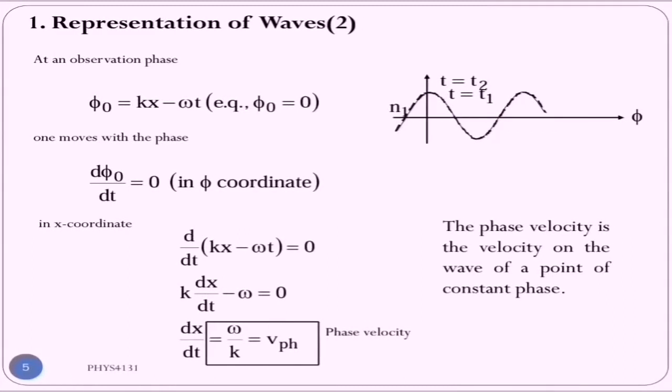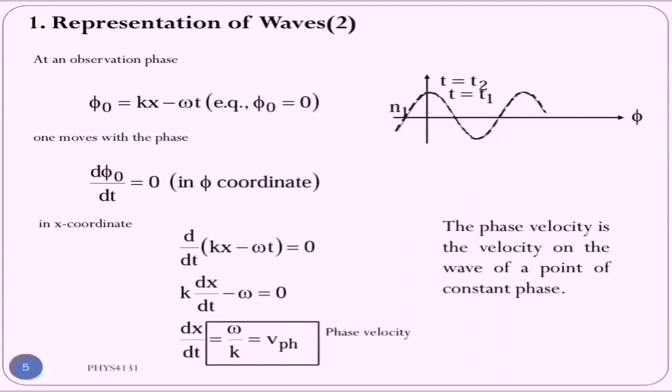How can we calculate the phase velocity? If we differentiate the term kx minus omega t with respect to time and put it equal to 0, then we can easily find the phase velocity.